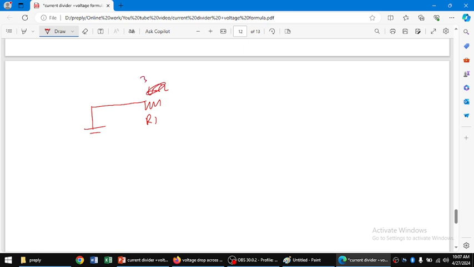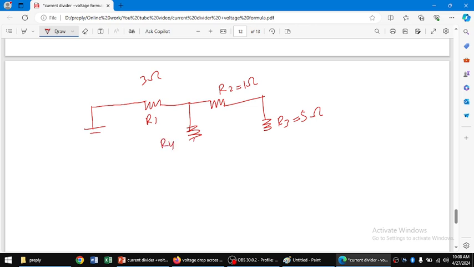R1 is 3 ohm, R2 is 1 ohm, R3 is, suppose, 5 ohm, and R4 is, suppose, 3 ohm.